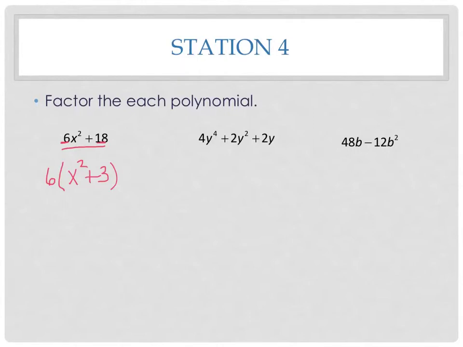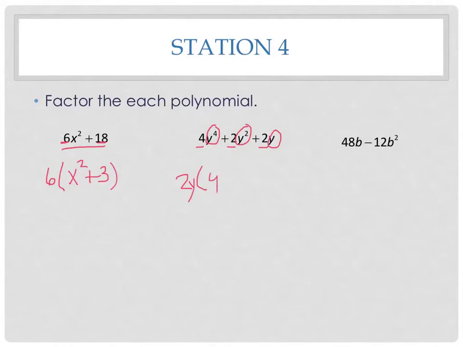In the next one, we have 4, 2, and 2, so for sure I can factor out a 2. But also, if you notice, here I've got 4 y's, here I've got 2 y's, and here I've got 1 y. So I can factor out also a y out of everything.